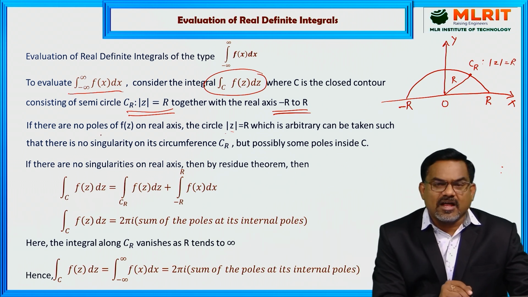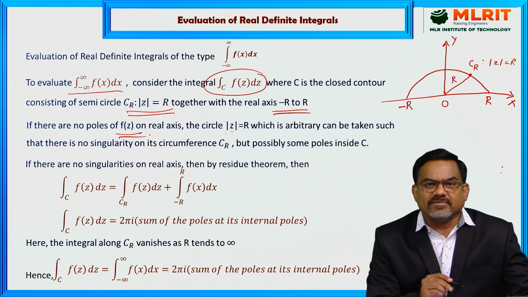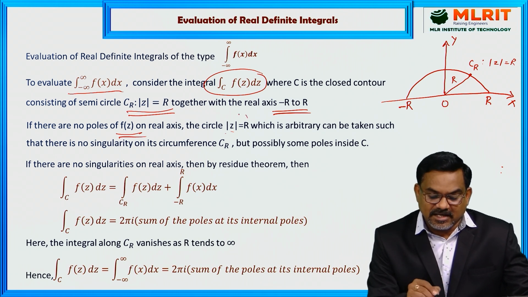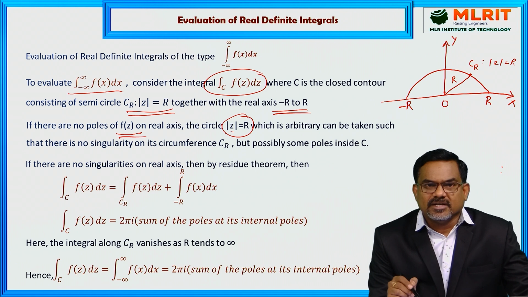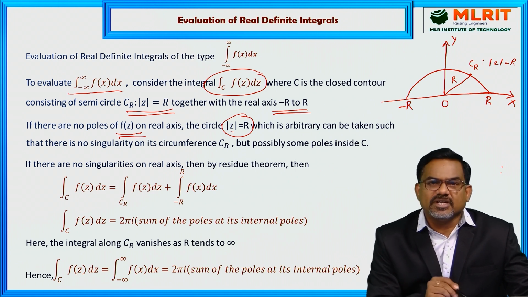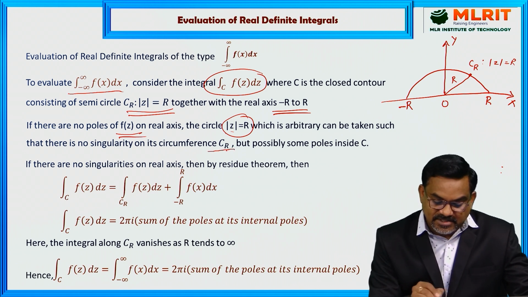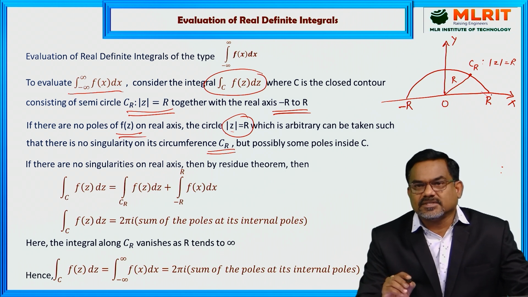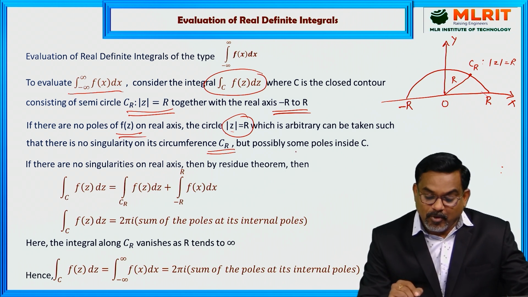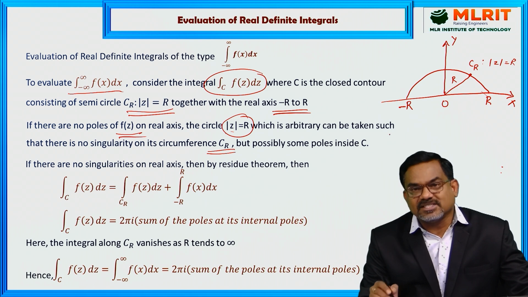If there are no poles of the function f of z on the real axis, then the circle mod z equal to R, which is arbitrary, can be considered such that there is no singularity on its circumference CR. This is the circumference CR of the circle mod z equal to R, but possibly some poles inside the curve.